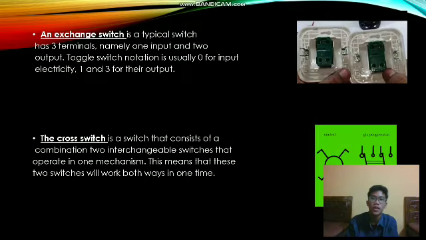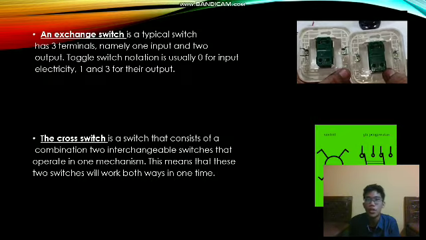Okay, the next switch is an exchange switch. This is the back of the switch. It is a typical switch that has three terminals, namely one input and two outputs. The toggle switch notation is usually 0 for input electricity, 1 and 3 for the outputs.